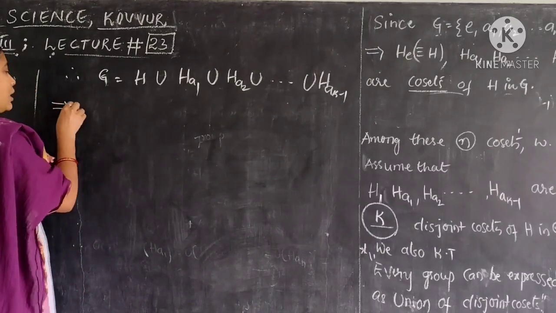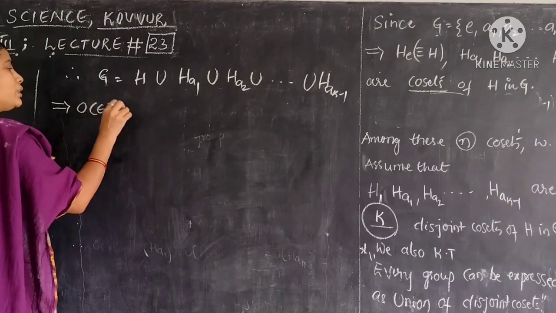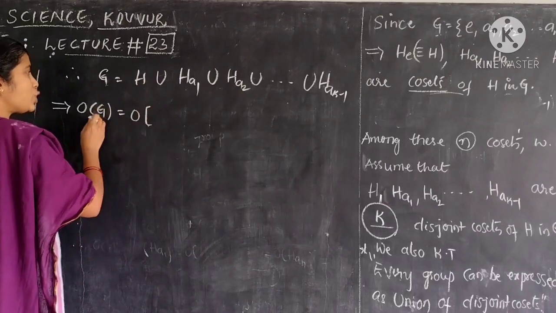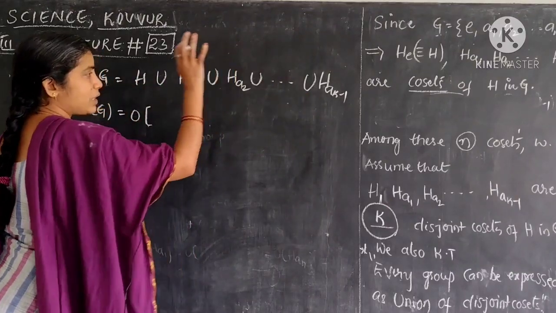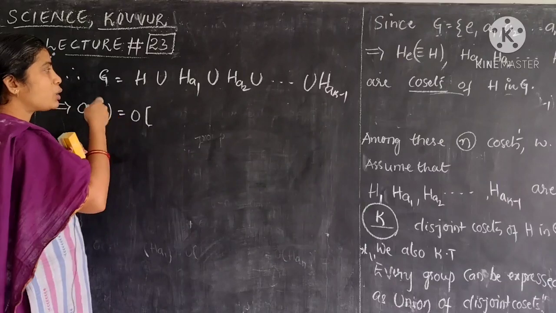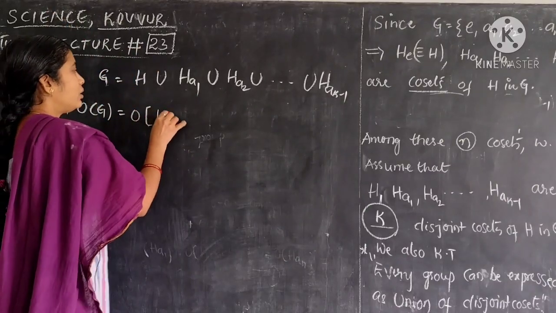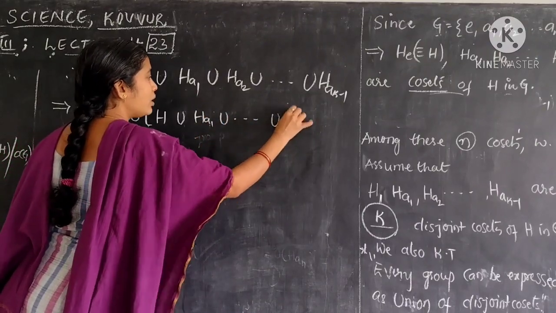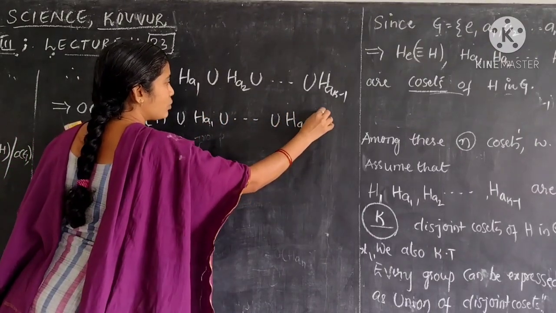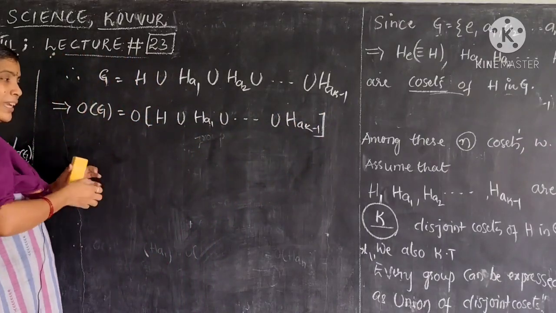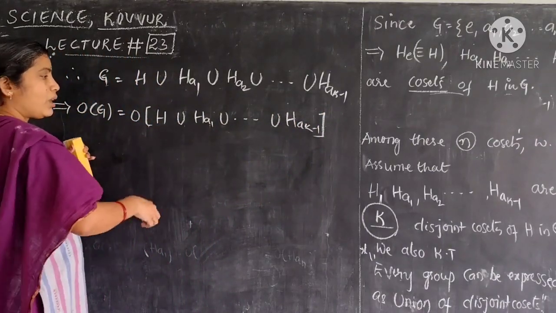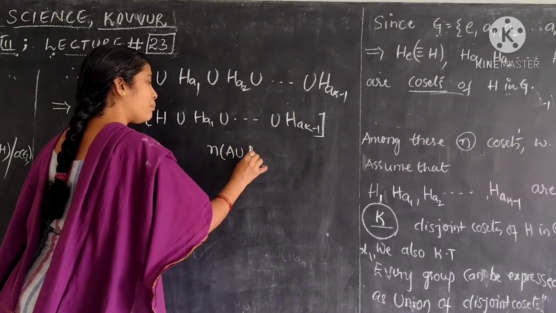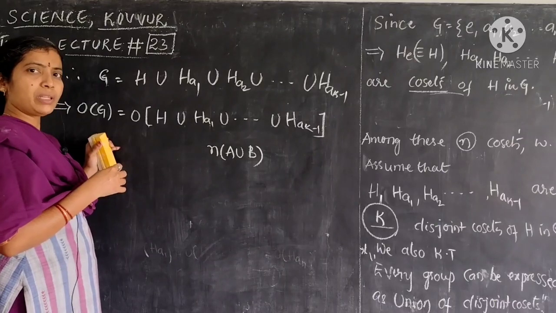That implies, let us consider the order of G, which is the order of the union of some sets: H union Ha1 union and so on, union Ha(k minus 1). Again we have a known formula: how can you calculate the number of elements in the union of sets A and B?